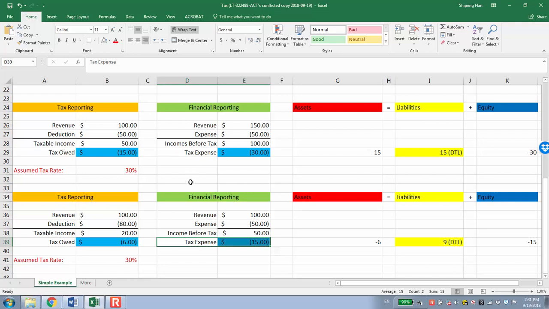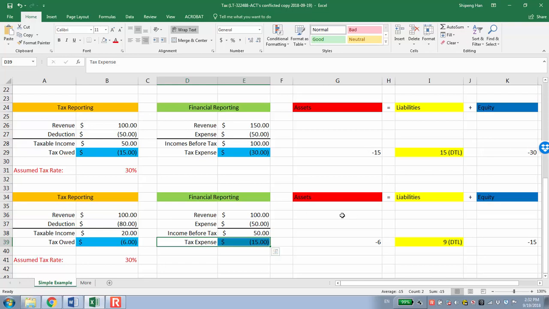Every year, because of the timing difference between tax reporting and financial reporting, the company will recognize both deferred tax assets and liabilities for different revenue and expense items. There are always different revenue items in tax reporting, which are different from the revenue items in financial reporting. Also, the deduction items are different from the expense items in financial reporting.